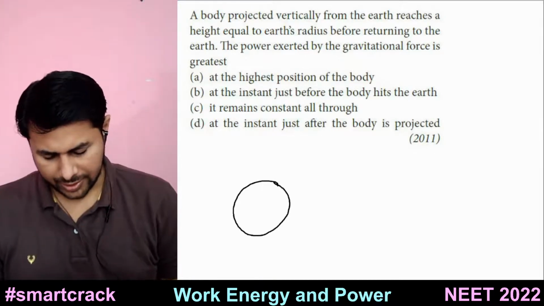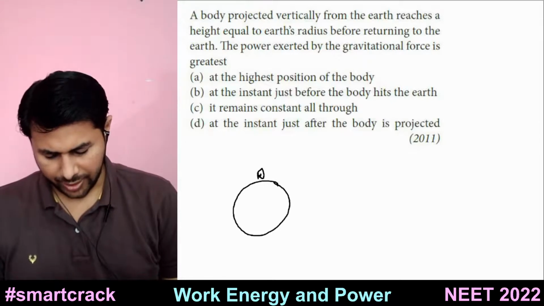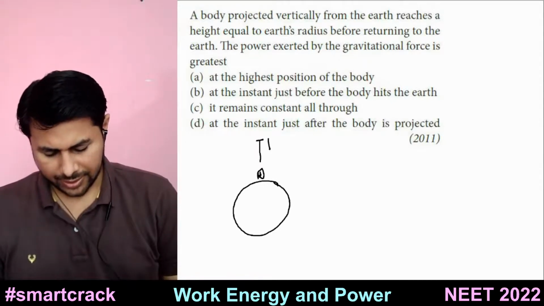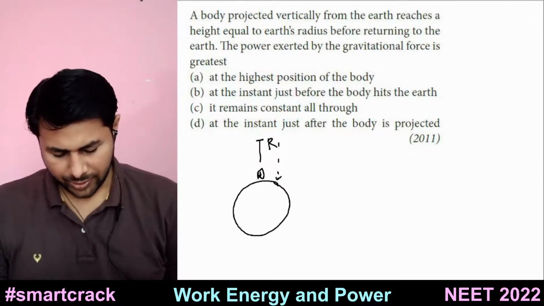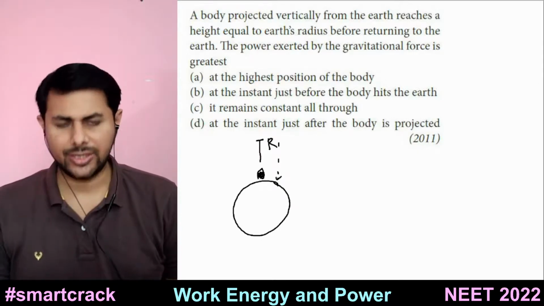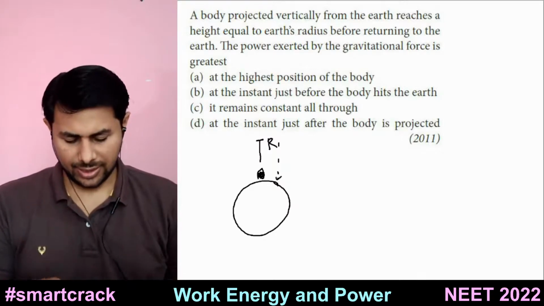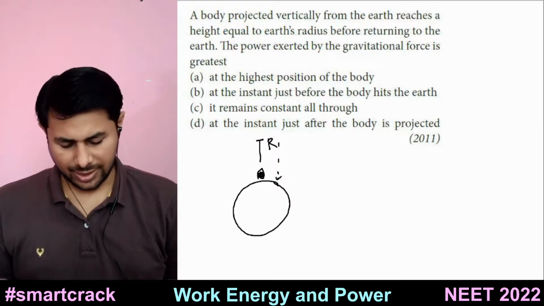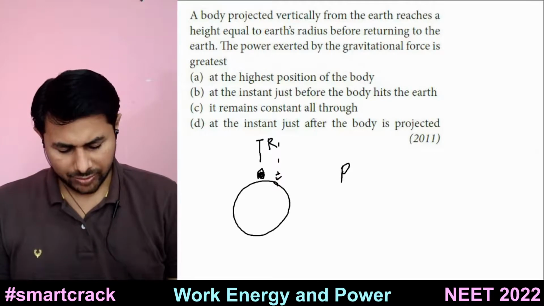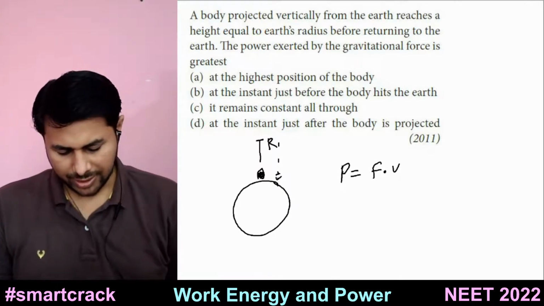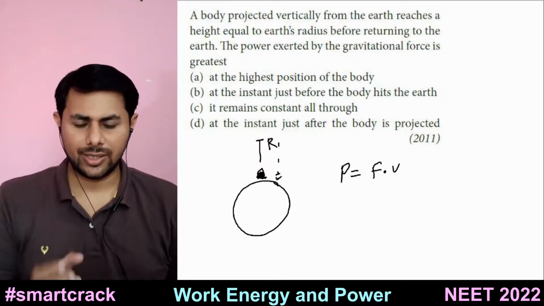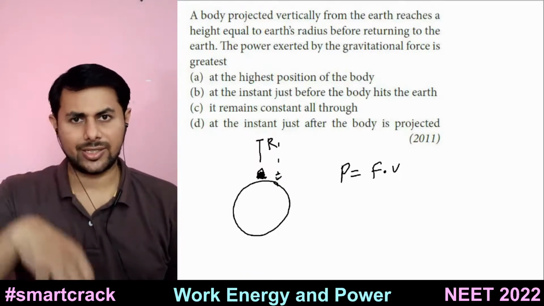Actually, if you release this body from here, it goes to the height r and it comes back. So gravitational force is also maximum at this point, near to the earth, and velocity is also maximum at this point only. And power is the product of force and velocity. Both are maximum at this point when it is released or when it reaches.